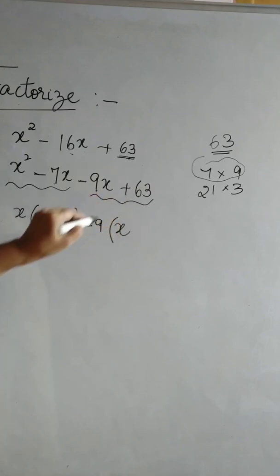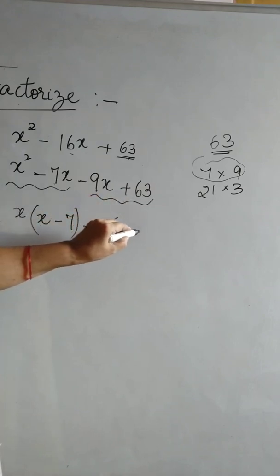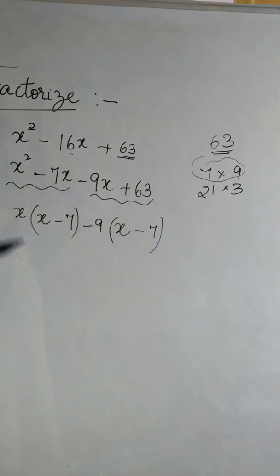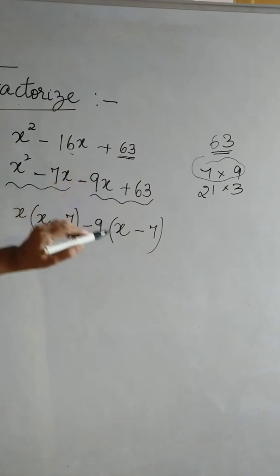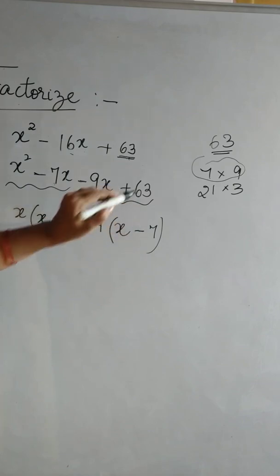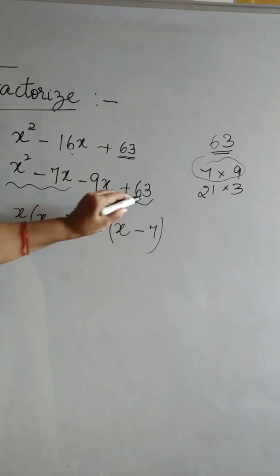So I have taken 9 outside, and I will write here 7. When you multiply, we should get the same expression. You can see here minus 9 into x is minus 9x. Minus into minus plus, 9 sevens are 63.